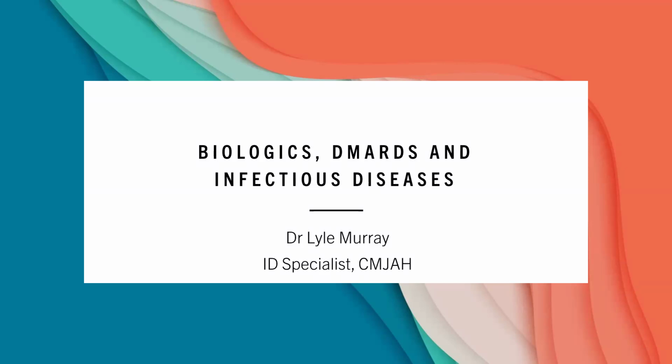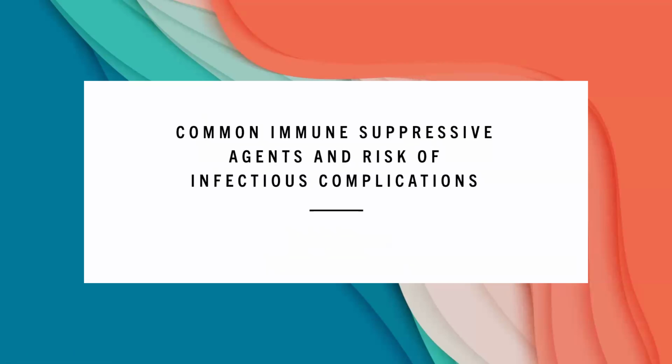Okay. Thanks, Sarah. So I'm really talking about biologics, DMARDs, and infectious diseases, but it's really more about common immune suppressive medications and what the risks of infections associated with them are. So I'll go over what DMARDs are. I'm no rheumatologist, but I'll go through what I've picked up as an understanding of what they are, and it's actually more complicated than you think in terms of the definition.